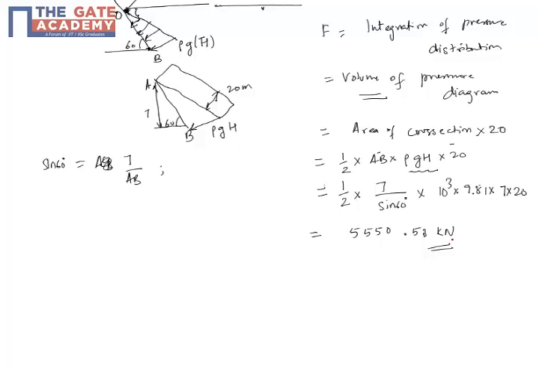So roughly that is 5550 kilonewton. This is the force that is acting on this inclined wall.